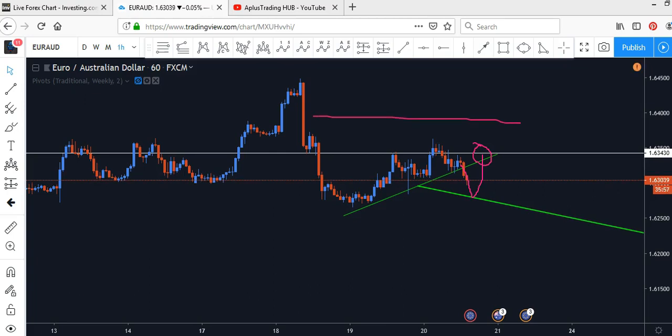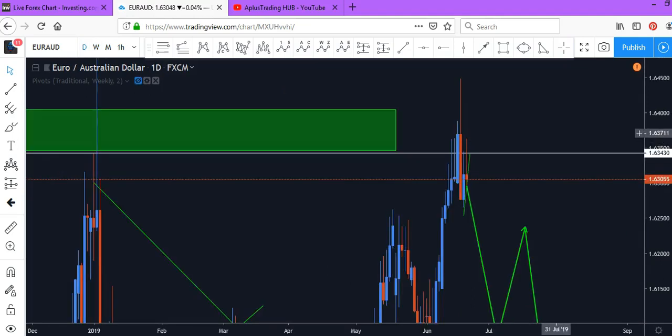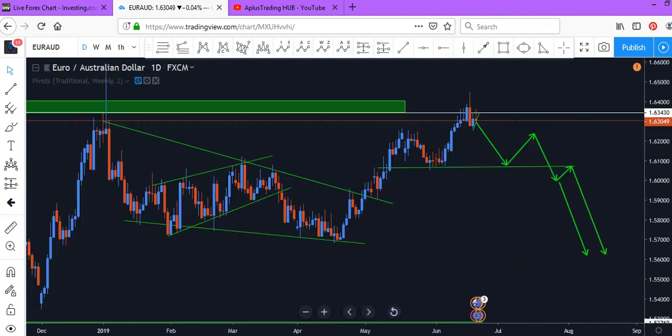But if you are a conservative trader, you can place your stop above around the 1.645 zone, with the target way down where we have the support two on the pivot level, which is the 1.610 zone. So that is how you trade that Euro AUD if you want to join the trade. This is my projection for the coming weeks on this pair.